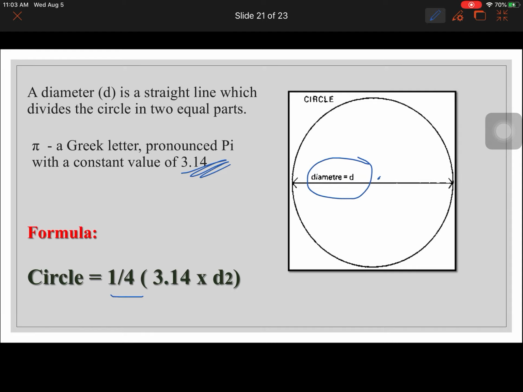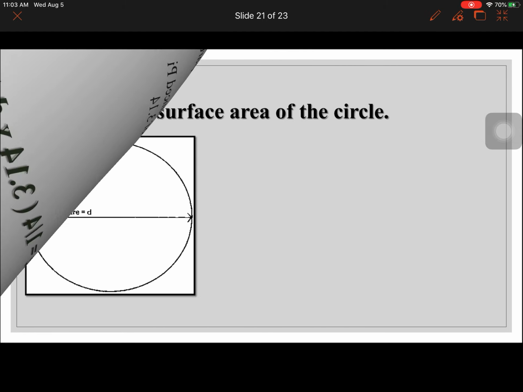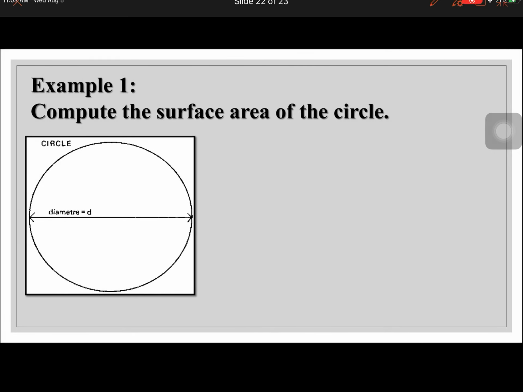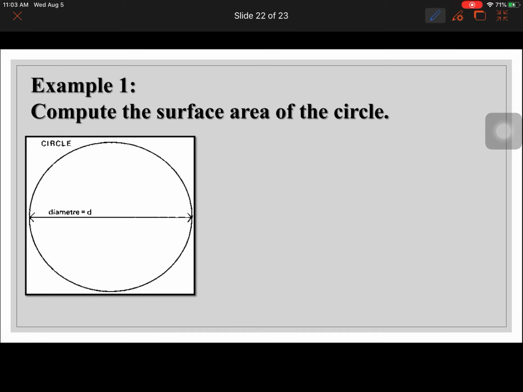So, for example, compute the surface area of a circle. For example, ang diameter ay may sukat na 5 meters. So, ano yung formula kanina?